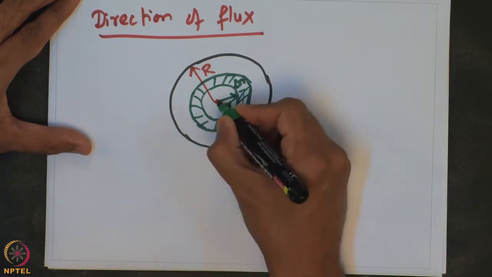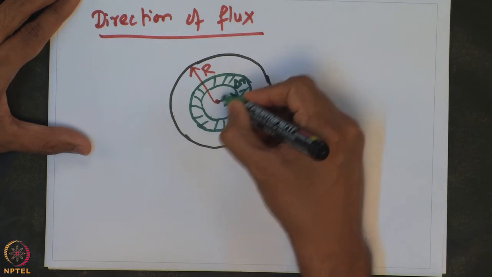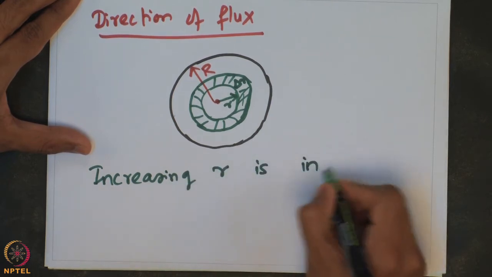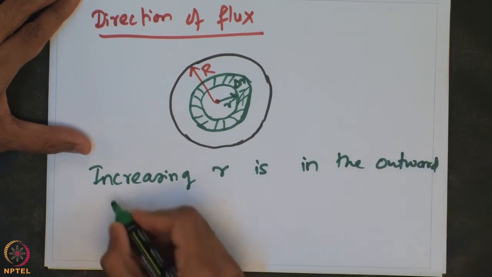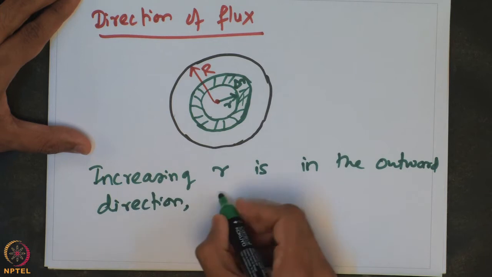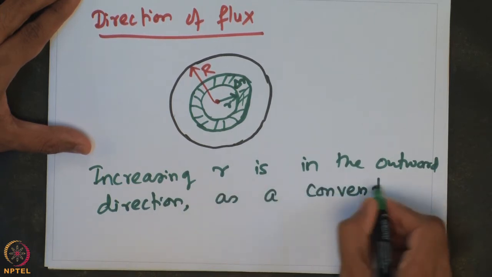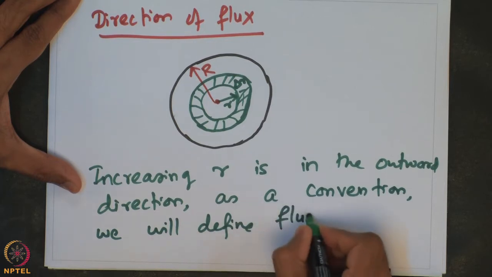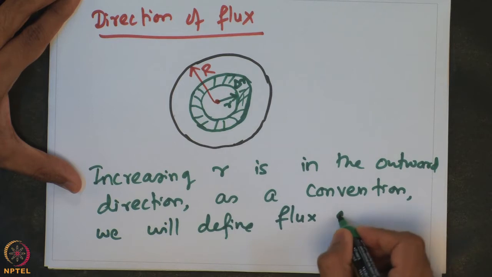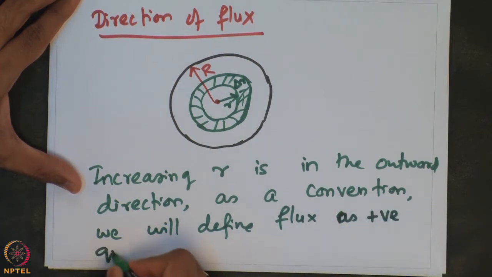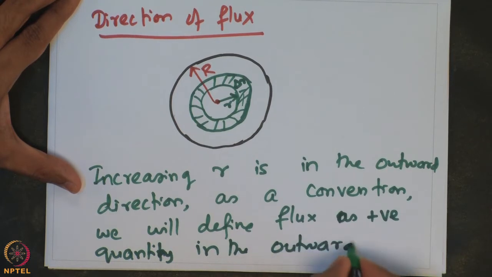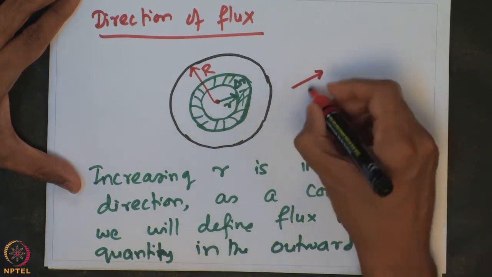Given that increasing r is in the outward direction, as a convention, we will define flux as a positive quantity in the outward direction.